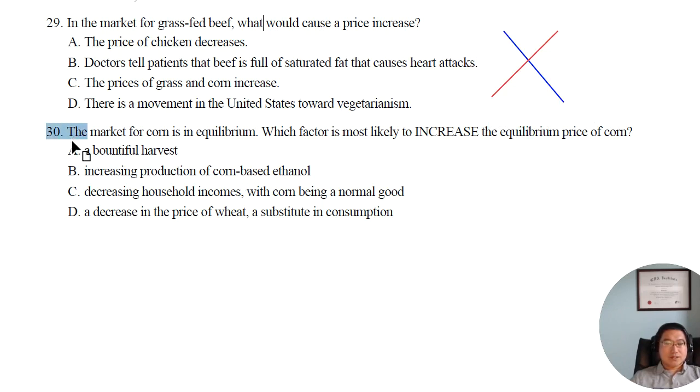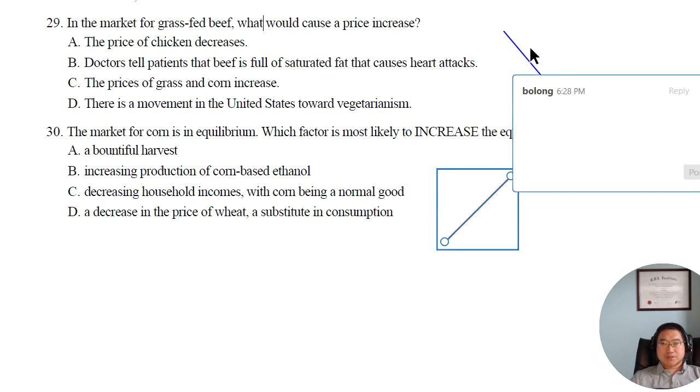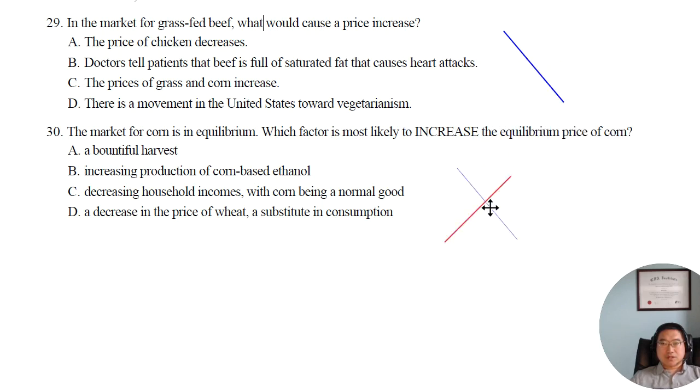Now let's look at question 30. The market for corn is in equilibrium. Which factor is most likely to increase the equilibrium price for corn? Still the same story. We draw a very simple picture here, okay? Increase the price for corn. Demand increase. Demand goes up, okay?